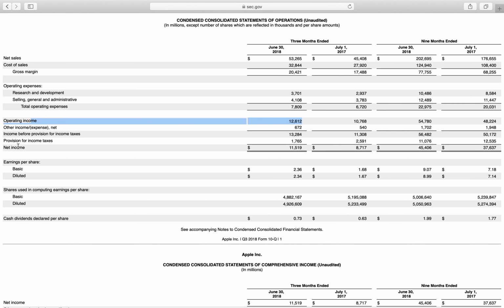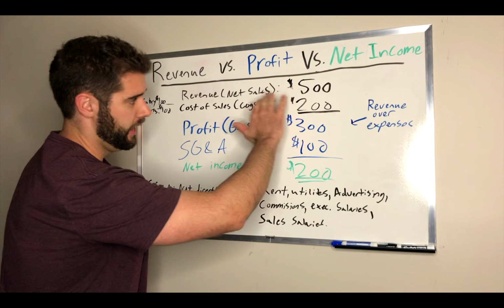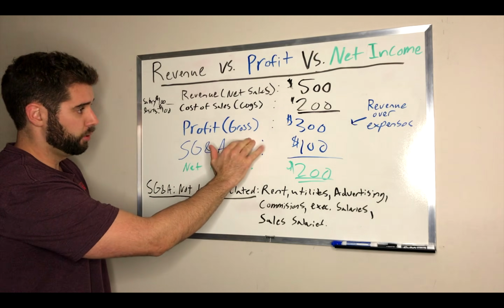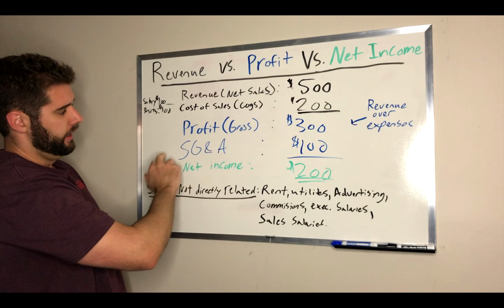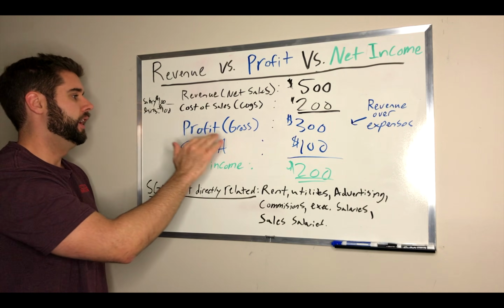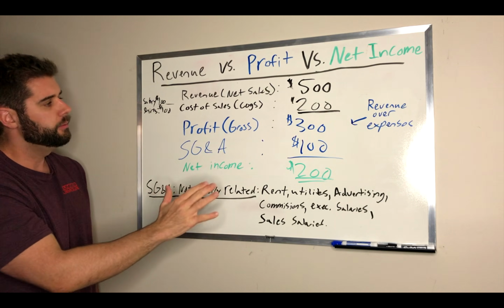They have their income taxes, and then there comes net income. So again, if we come back to this, in Apple's case, they had the revenue, they had the cost of sales, and then they had a gross profit. They had selling, general, and administrative expenses, they had R&D, and then below that they have some taxes, but that's getting a little bit more complicated.